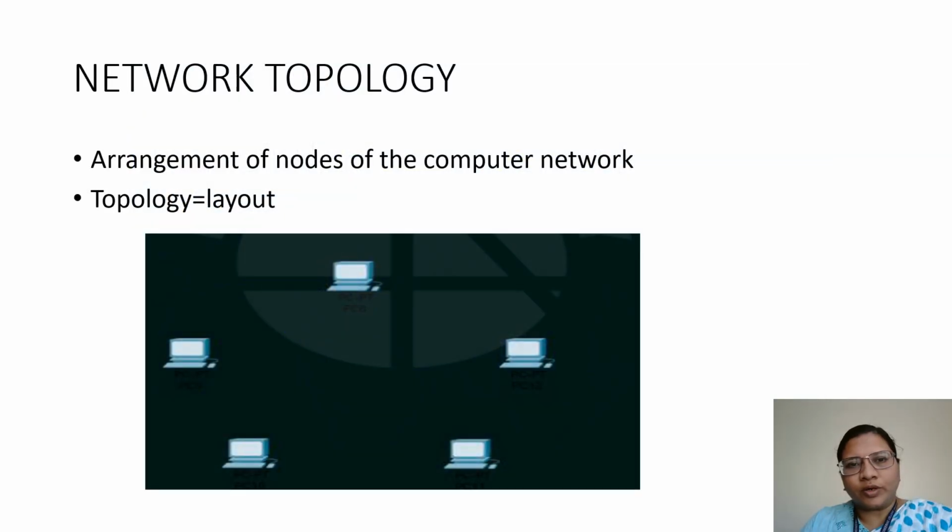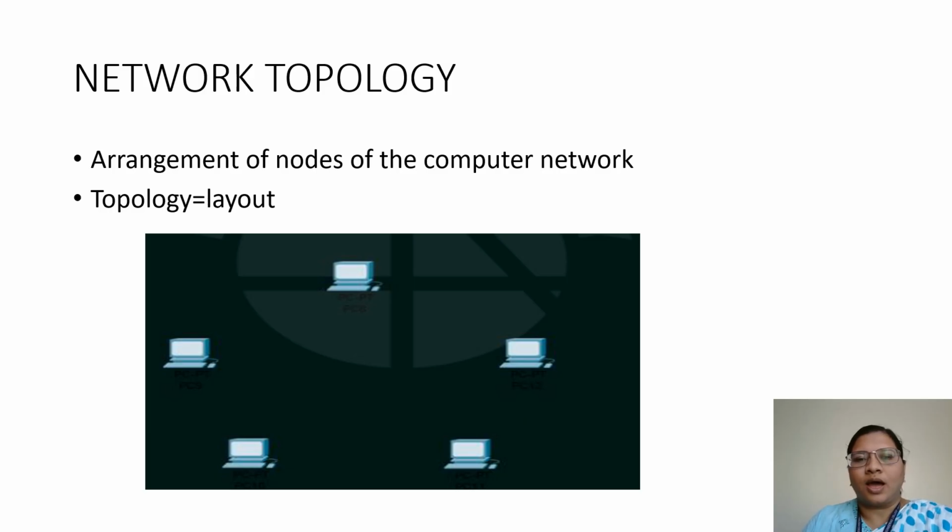So the next topic we are going to see is network topology. First, what is topology? The arrangement of nodes of the computer network. Topology means, see, suppose 5 nodes are there. How are we going to connect these 5 nodes?